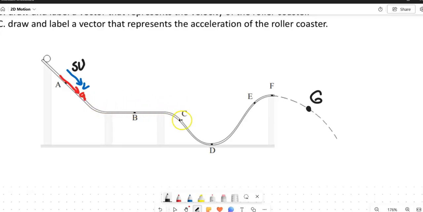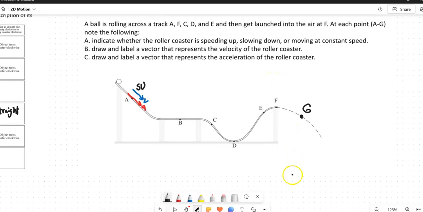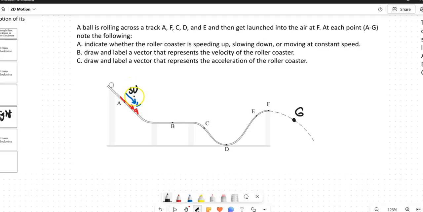At C, it's going to be moving on a downhill area. Here at D, it's going to be at the bottom of this parabola. At E and F, it's still on the track, but at G, after F, it gets launched into the air. So at G, it's flying through the air. So go ahead and try this on your own and see how you do. Draw the velocity vectors and acceleration vectors at each one of these points.